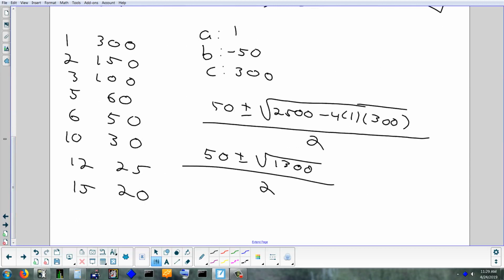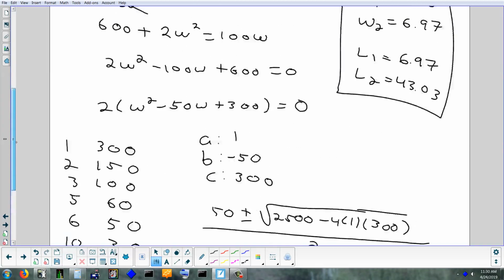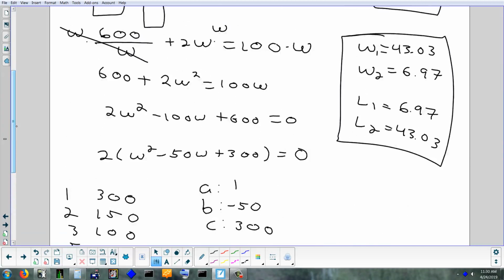Okay, so not every problem will involve the quadratic formula. That just happened to come up in the kind of problem they gave us. And when you got L1 and L2 by plugging, you got the original first two answers by the quadratic formula, right?